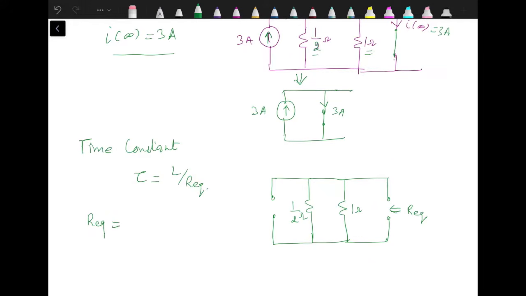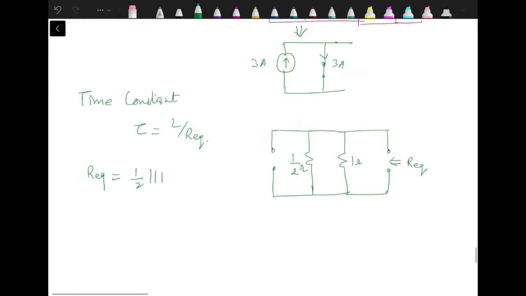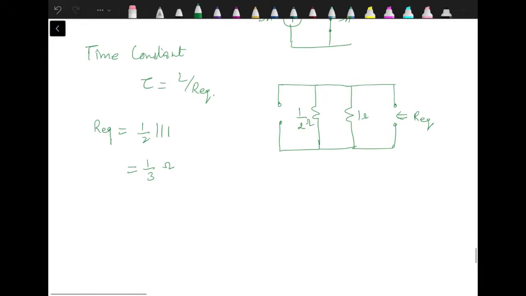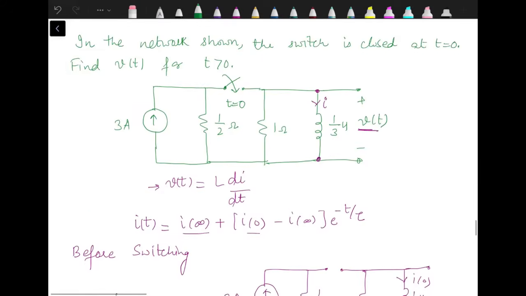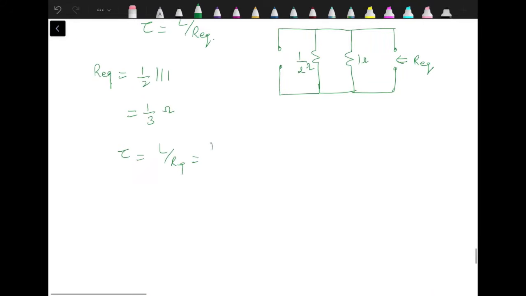Across the inductor terminals, these are connected in parallel. 1 by 2 is in parallel with 1, so it's 1 by 3 ohm. Now if we calculate tau, tau is L by R equivalent. L was 1 by 3. So 1 by 3, 1 by 3, it's 1 second.